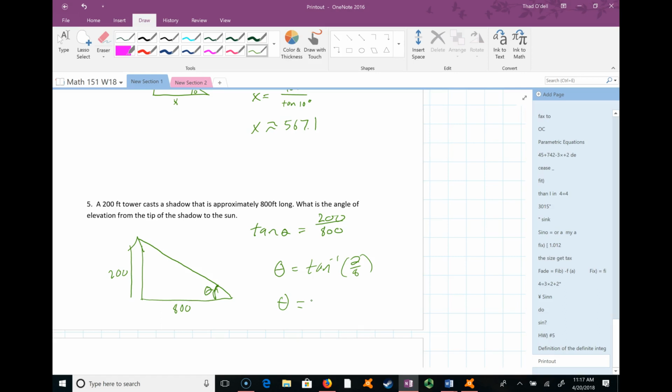Inverse tangent of 2 divided by 8 equals... Sorry guys, my calculator's not working. Inverse tangent of 2 divided by 8 equals 14 degrees.